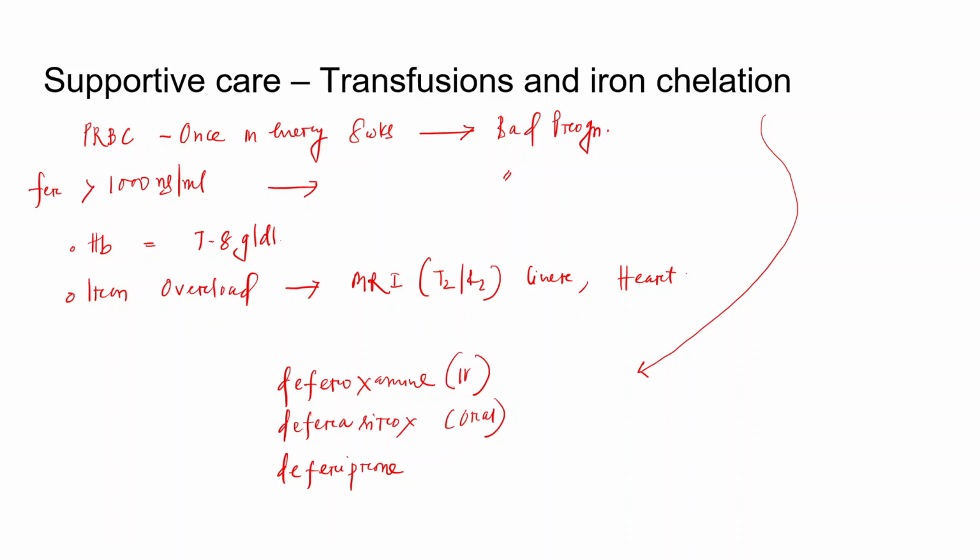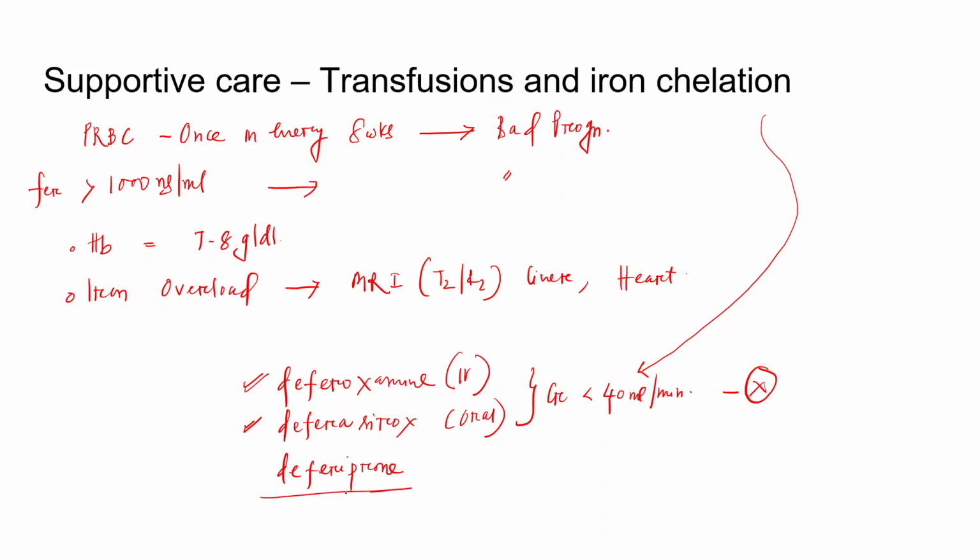Now, if the patients are having iron overload, you have to start them either on deferoxamine or deferasirox. However, if the patient has a creatinine clearance of less than 40 ml per minute, then you have to avoid these drugs. You cannot give these drugs.